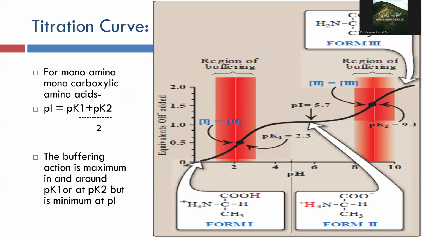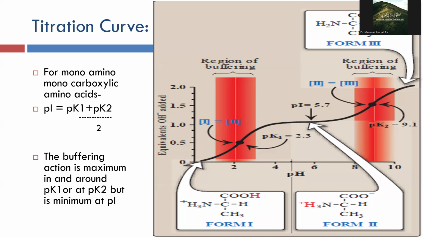So the pK1 is 2.3, and there is a steep rise near the isoelectric point, which is around 6 for alanine. And what about this second flat region? That is around 9.7, the pK2, provided by the amino group, the amino buffering.